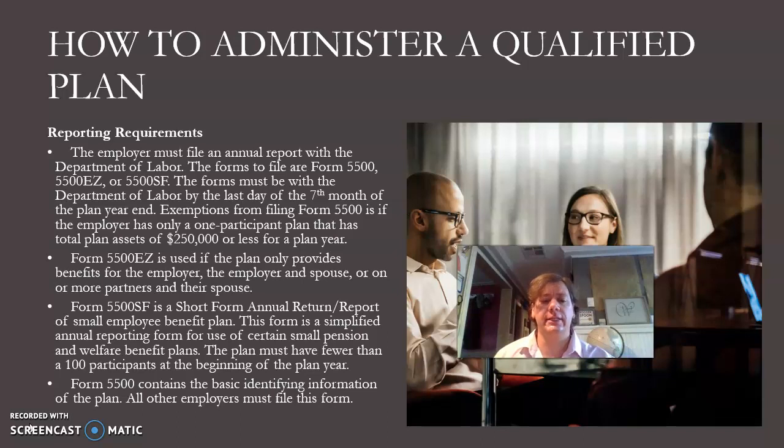This form is a simplified annual reporting form for use by certain small pension and welfare benefit plans. The plan must have fewer than 100 participants at the beginning of the plan year. Form 5500 contains the basic identifying information of the plan. All other employers must file this form.